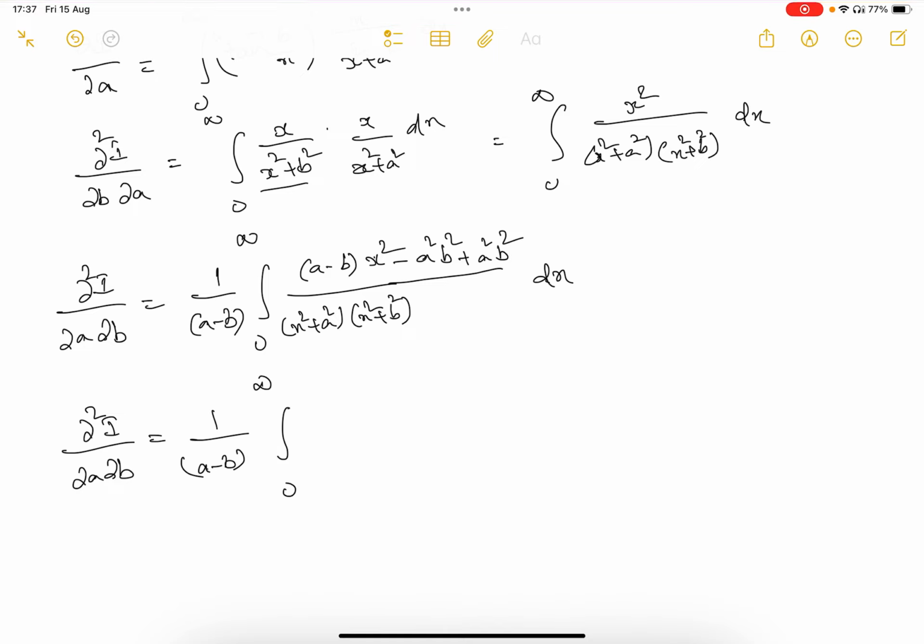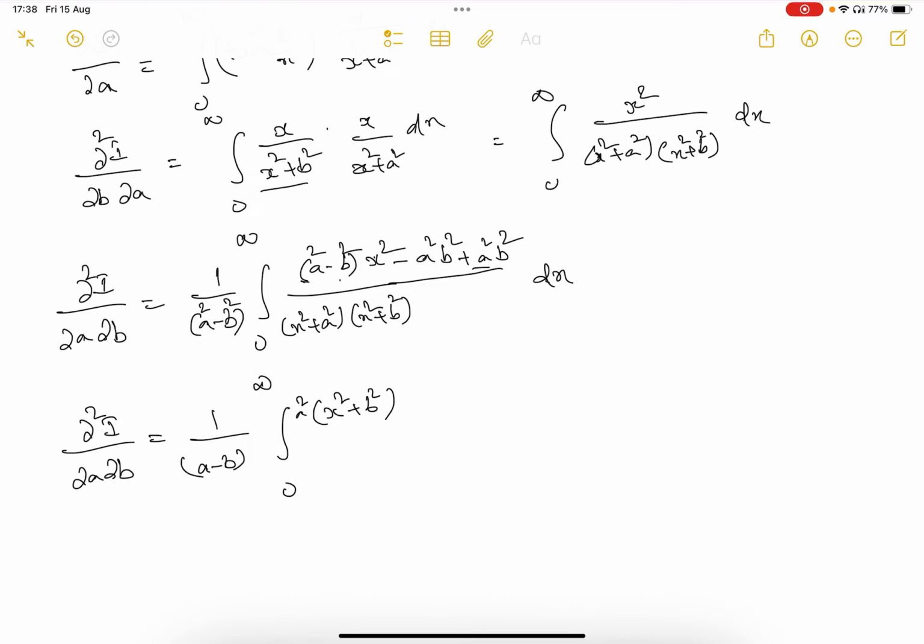Sorry, we cannot make much simplification, right? We need to multiply and divide with a square minus b square so that we can take simple common factors. Now try it. If you take this term and this term, a square will be common. This will be a square plus b square.